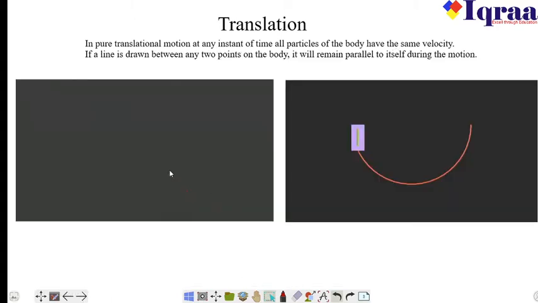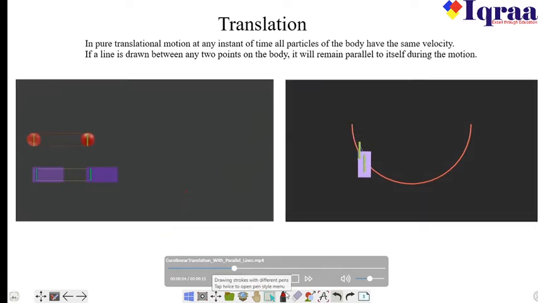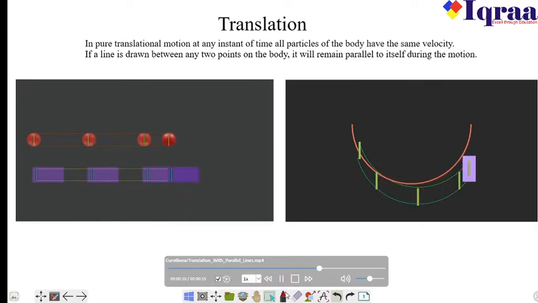In other words, if a line is drawn between any 2 points of the body, that line will remain parallel to itself during the motion. In the animations on the left hand side and the right hand side, we have connected 2 points by a line and we see that the line remains parallel to itself.